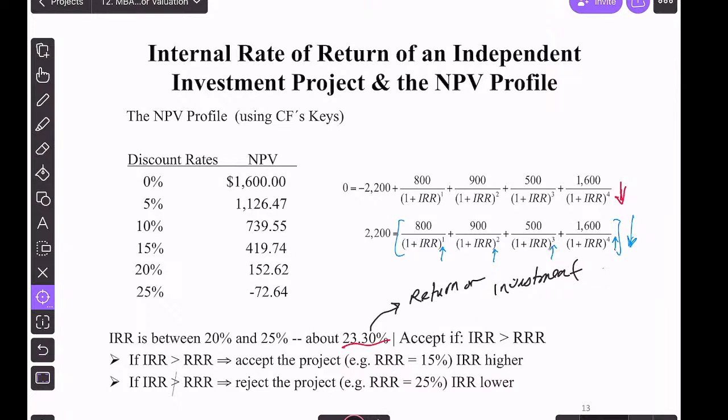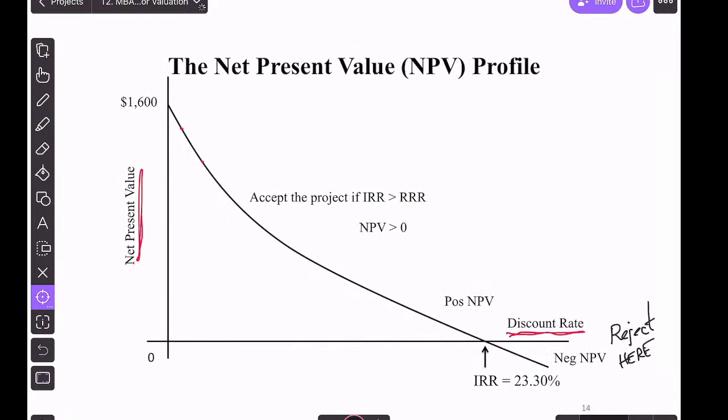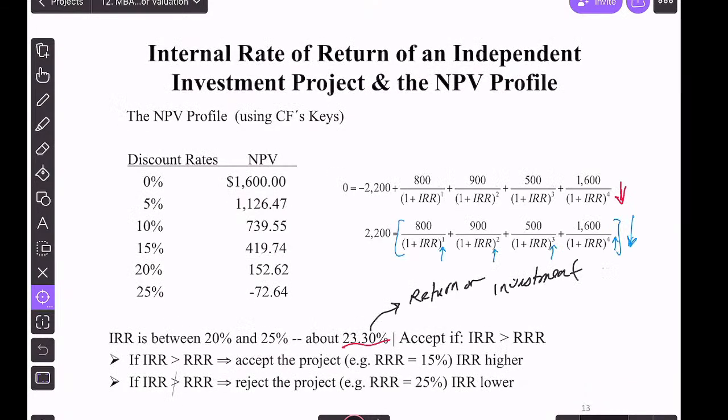Just before we go, I want to talk about the NPV profile, and this is where we're going to start tomorrow in the afternoon. This is generating that line that I just demonstrated here, this NPV function. I will erase this one because it is the NPV that we're calculating.